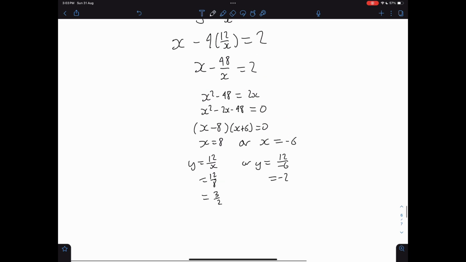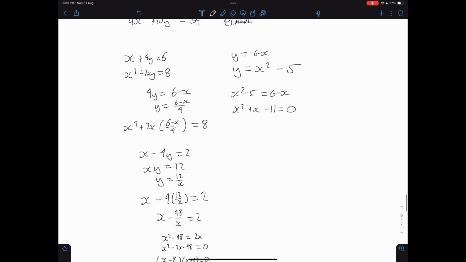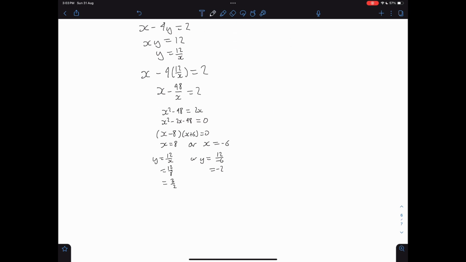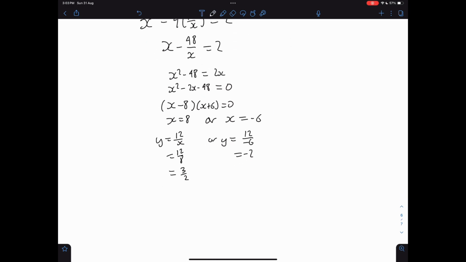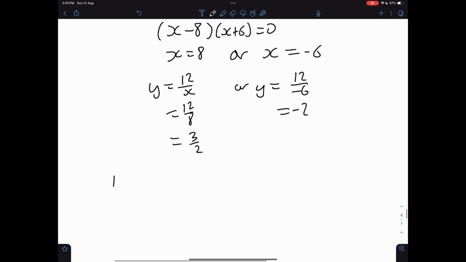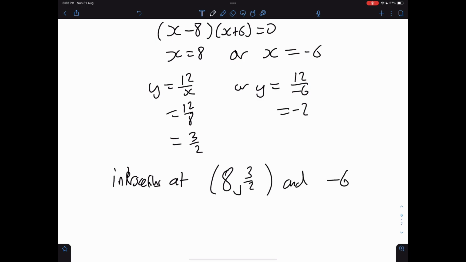And potentially it could ask this question in the form of, okay, we've given you these two equations of graphs, find the points of intersection. So you have to say intersections at (8, 3 over 2), make sure you get the right ones together, and (minus 6, minus 2).